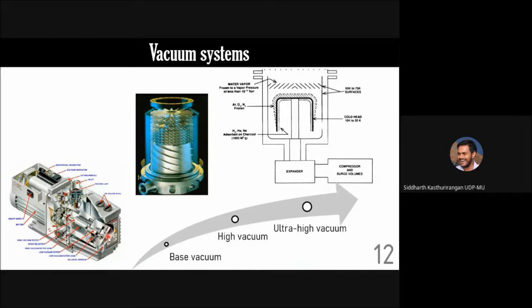In the next few slides, we will talk about the second important part, a peripheral system to an accelerator, that is vacuum. Vacuum is a very understated part because it's notoriously difficult to get good vacuum in any vacuum system.